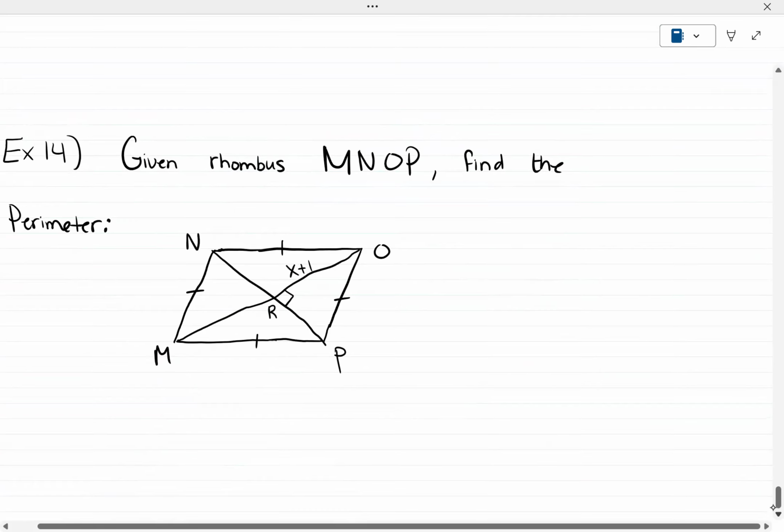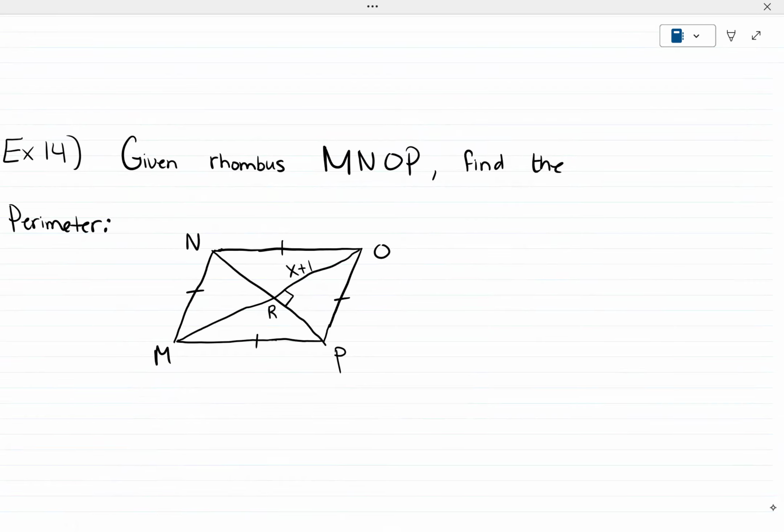Last one. So given rhombus MNOP, find the perimeter. So what do we know about a rhombus? In a rhombus, all sides are congruent. And what do we know about the diagonals? Yeah, also the diagonals bisect each other and create 90 degrees, but does that mean they're congruent?